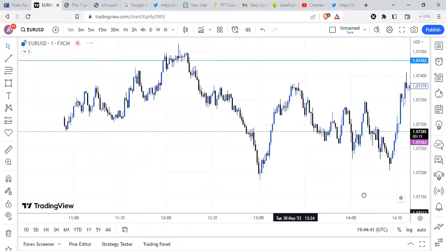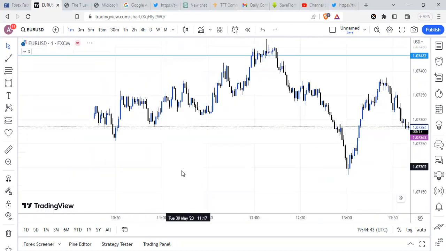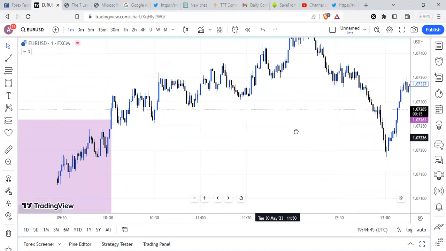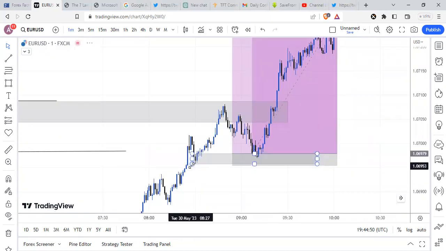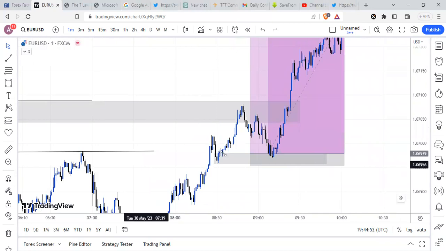Now let me go back to that particular place and show you. So right here, right? Let's assume this was the demand area, or supply rather. Let's assume this was the supply. Let's still use this particular supply as the example.